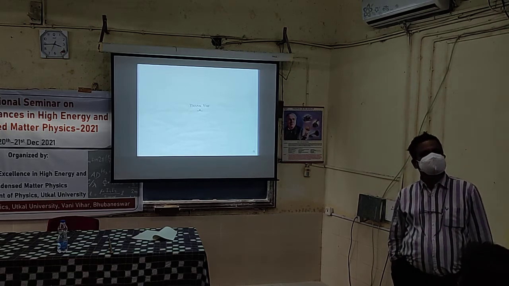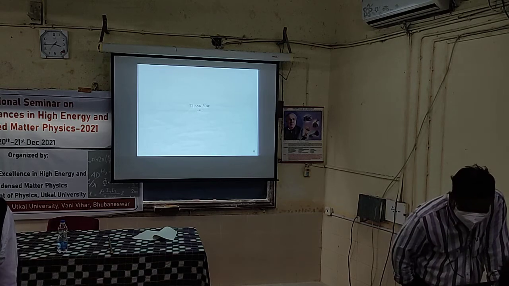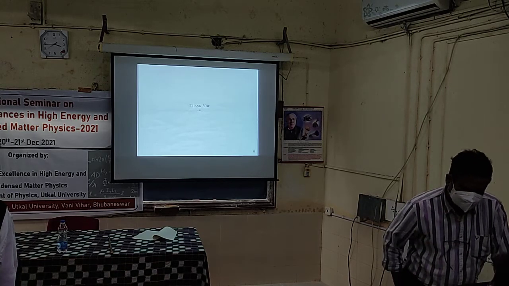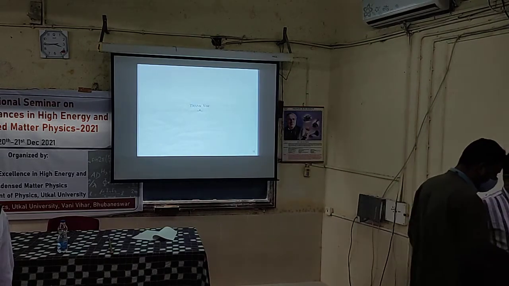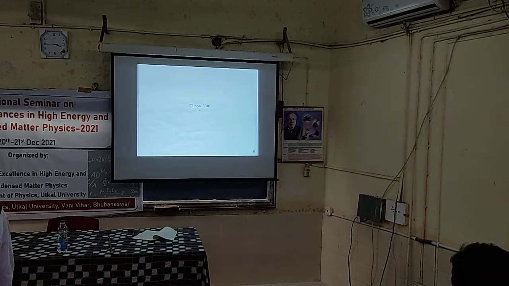When you are talking about net baryon density, it's the number of baryons minus antibaryons. At the beginning its value is 0, and then it's positive.